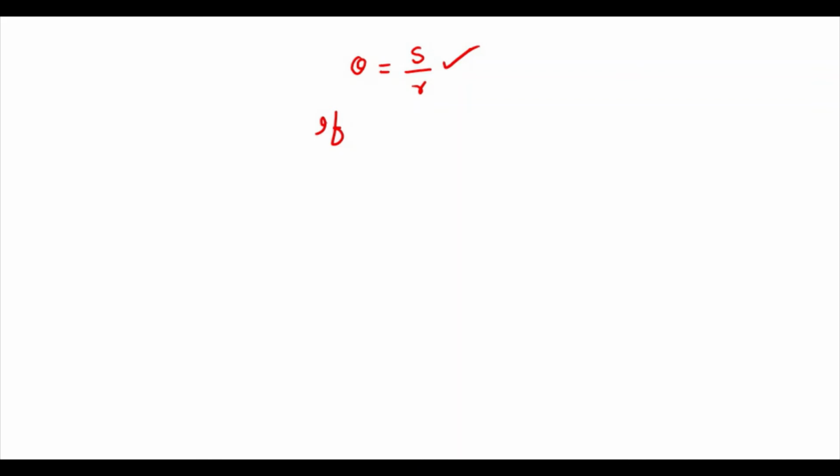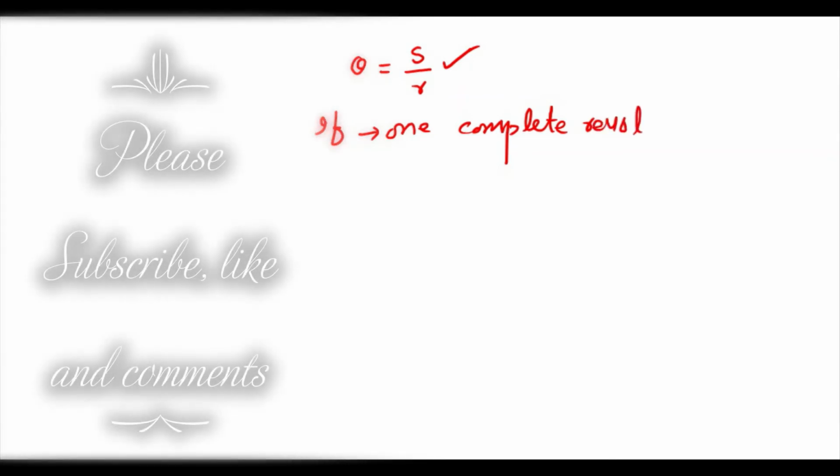So if we have one complete revolution, how can we write that? We have learned that theta for one complete revolution is 360 degrees.